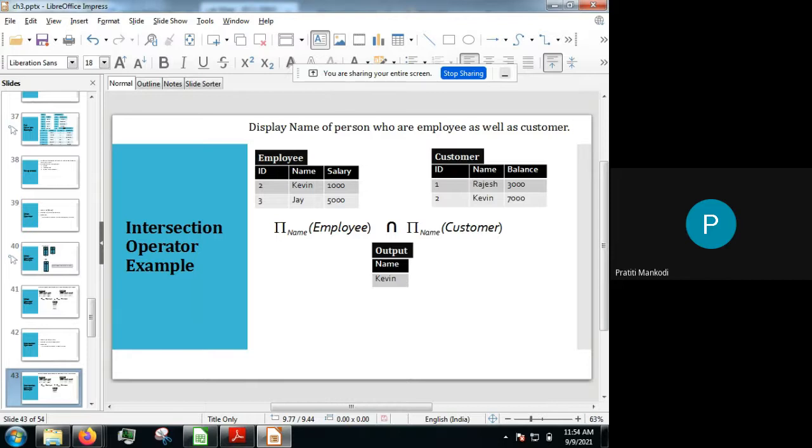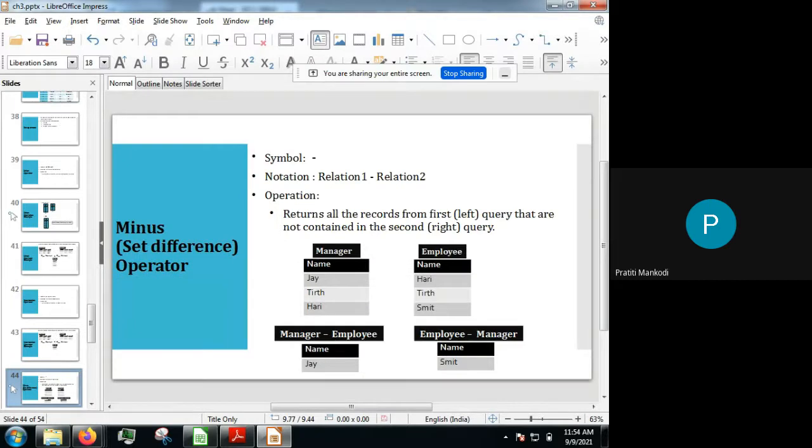Is it clear? Let us do the last one today, and from tomorrow we'll start with examples of all of this. As it is a minus, that is set difference, the notation is minus. Relation 1 minus relation 2 returns all the records from the first query that are not contained in the second.